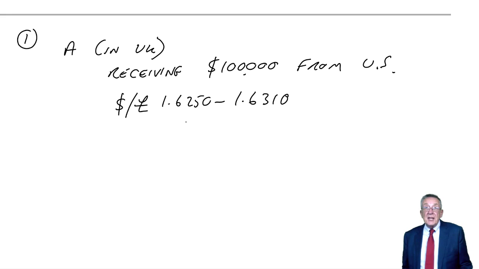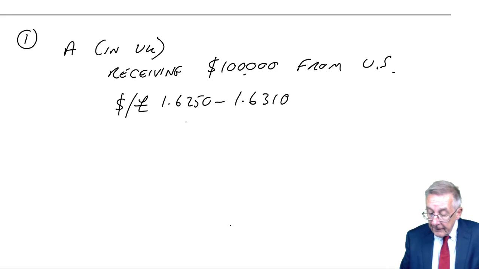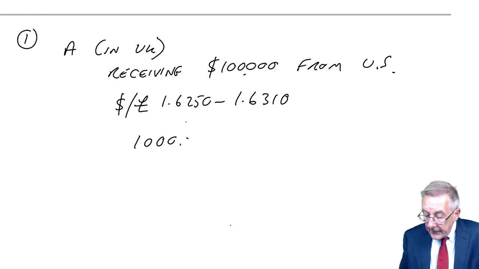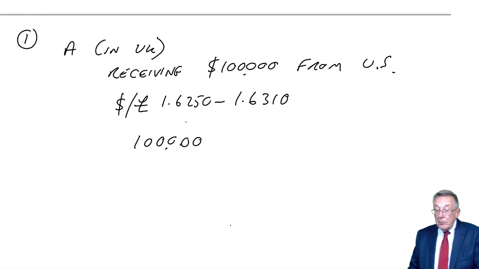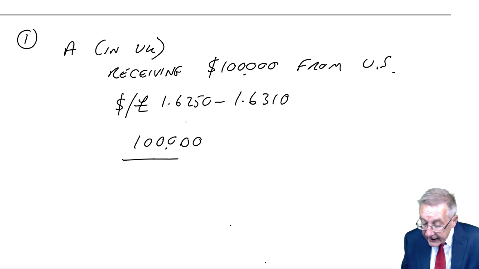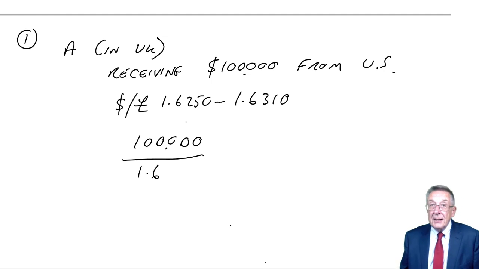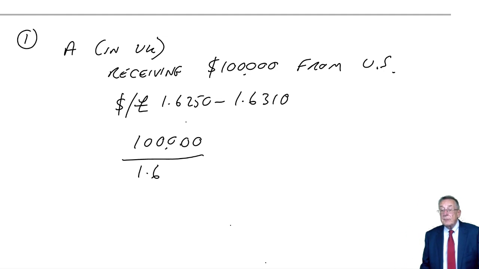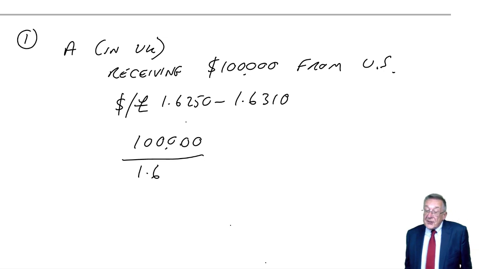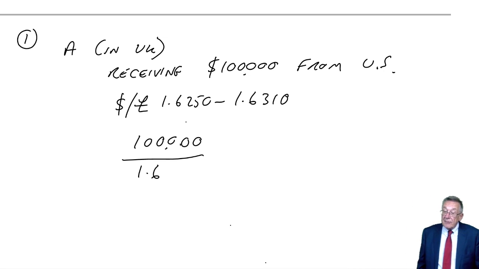And so if we're converting $100,000, well, if 1.6 converts to £1, we'll have to divide by the relevant rate to get the pound amount. The second is, which of those two rates am I going to use?